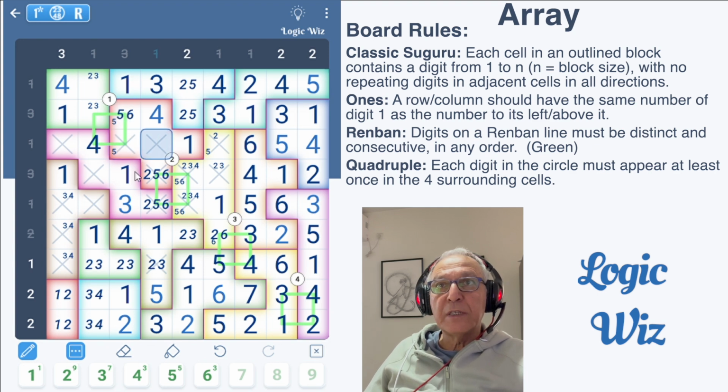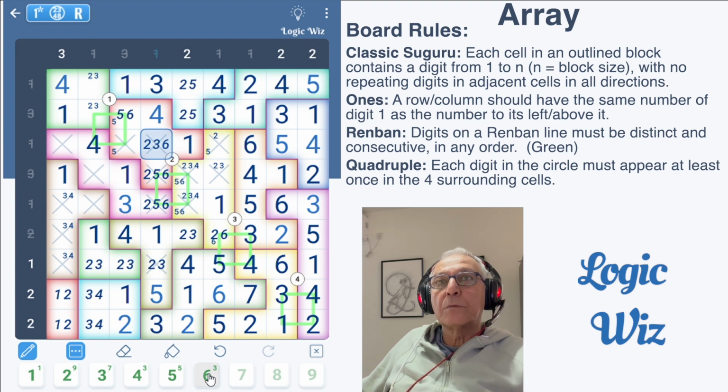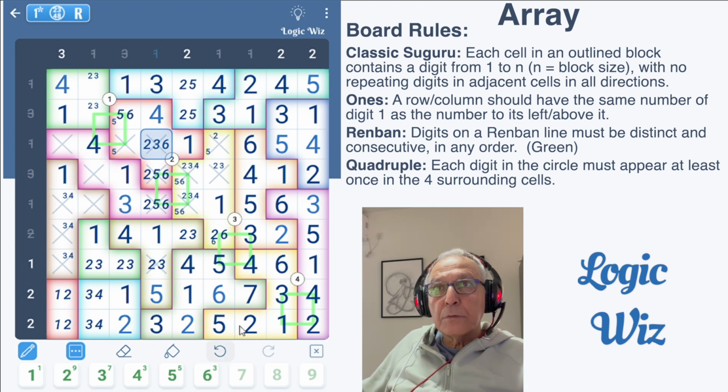And what are the options here? It cannot be 1. It can be a 2. It can be a 3. Cannot be a 4. Cannot be a 5. And it can be a 6. One cannot be here.